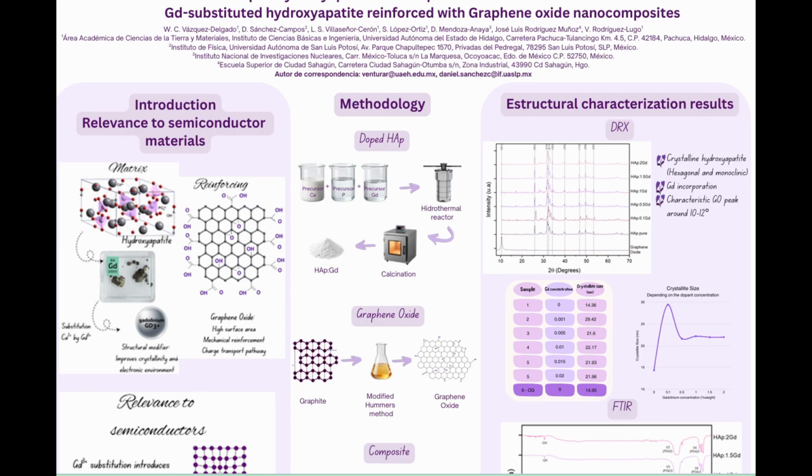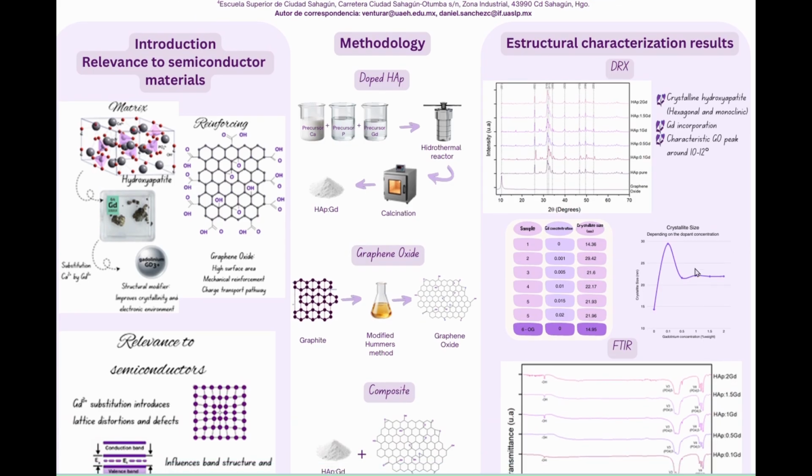Moving on to the structural characterization results, the X-ray diffraction patterns show the presence of highly crystalline hydroxyapatite with hexagonal and monoclinic phases. The successful incorporation of gadolinium is evidenced by lattice distortion and defects, which directly influence the crystalline size, which depends directly on the dopant concentration.